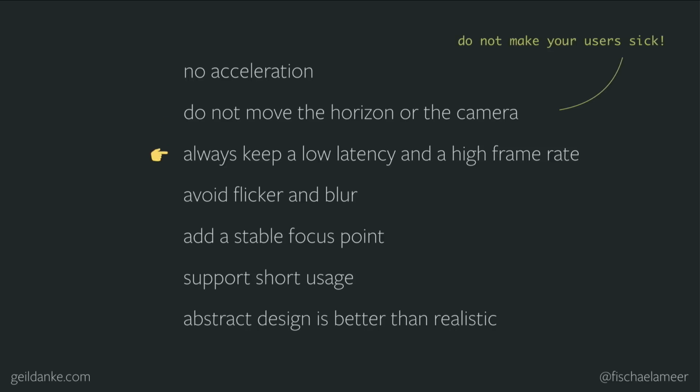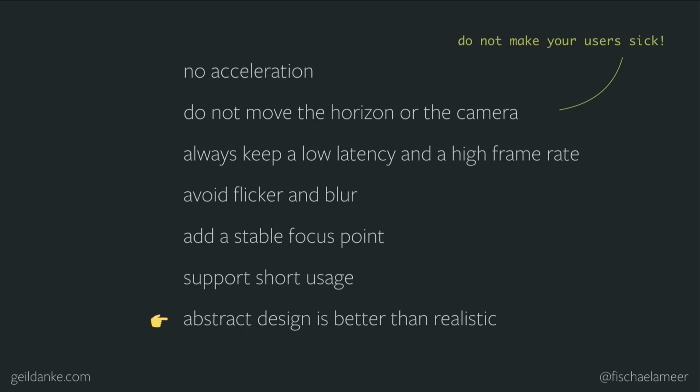Also, always watch out for a low latency and, of course, a high frame rate, and avoid flicker and blur effects because they indicate movement. Then you can consider adding a stable focus point, and you should make your application support short usage, for example, by saving states or making it offline capable.